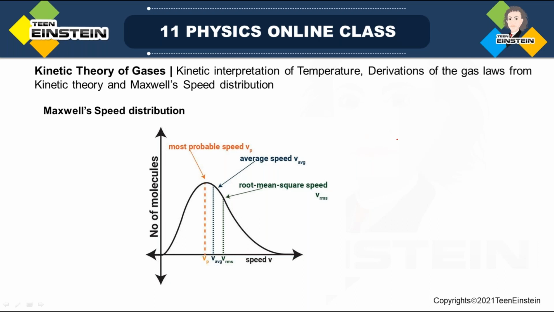The velocity with which most of the molecules are moving is called the most probable velocity. So the important feature is that it is not symmetric about the most probable velocity.